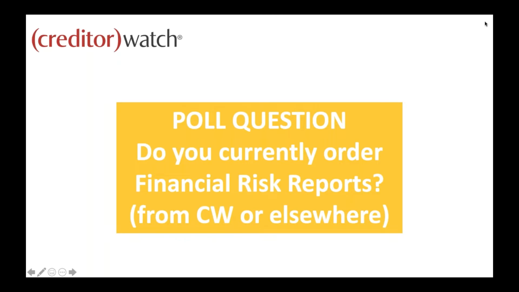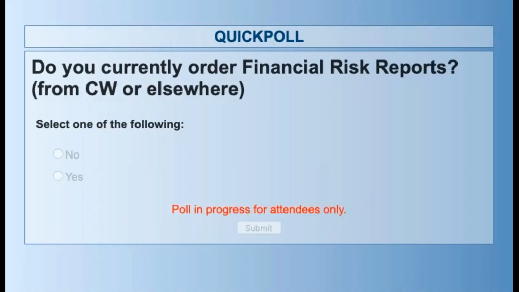So quick poll question to get started. Do you currently order financial risk reports? Now, you obviously don't know exactly what I'm talking about from a financial risk report, what that means for Creditwatch, but essentially I'm talking about a report that you would order. It would review financials, whether it's ASX, ASIC, or the company that you want the assessment done on provided to you.